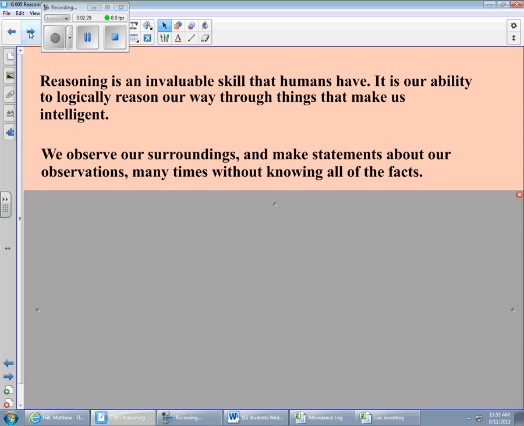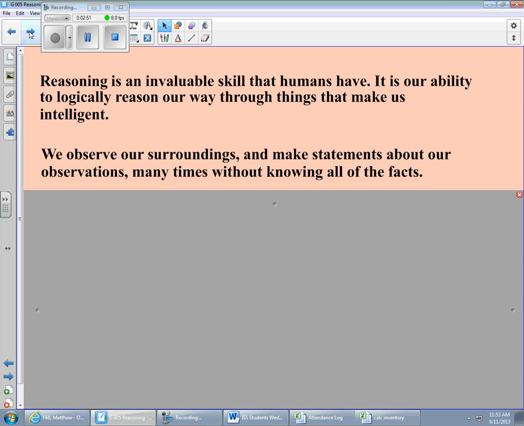And basically that comes from we observe our surroundings, we make statements about our observations, many times without knowing all the facts. Now, it's obviously not a real smart thing to do to arrive at conclusions without knowing all the facts. But let's face it, a lot of times all of the facts are not available to us.